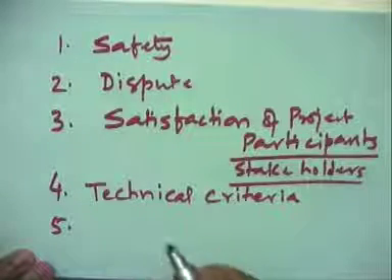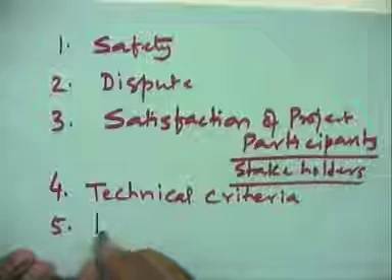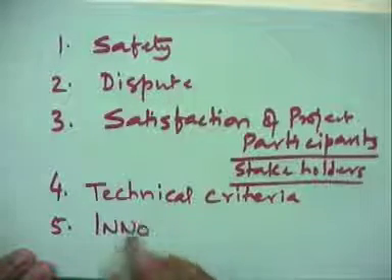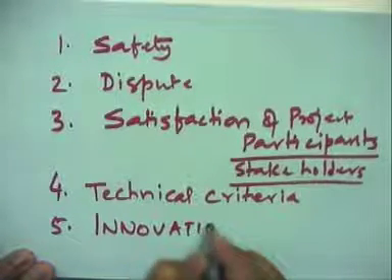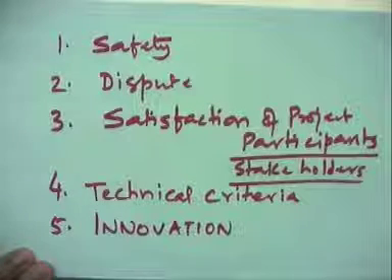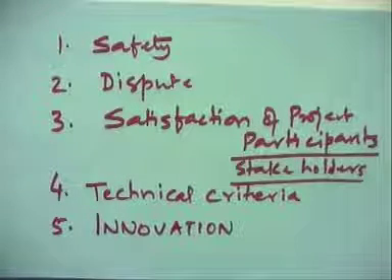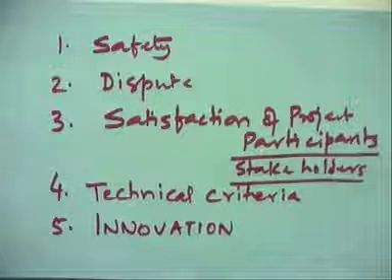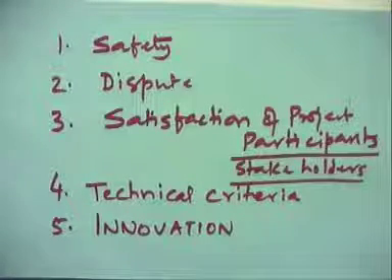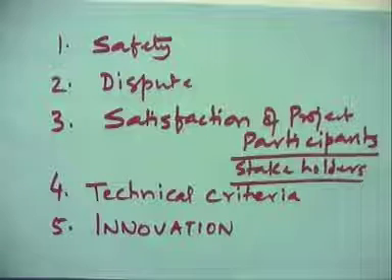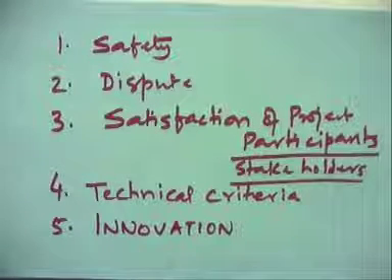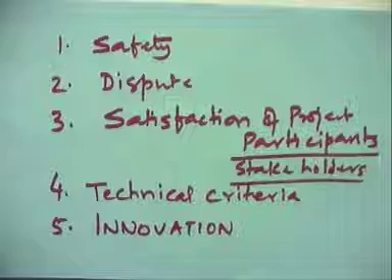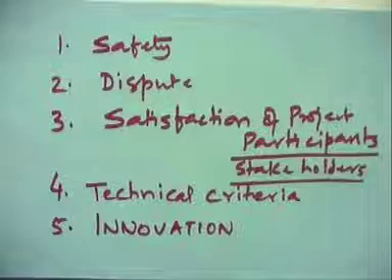Sometimes you also see whether the project has resulted in some sort of innovation, right? So these are some of the criteria which are used to measure the performance of a project. So they are also referred to as project performance criteria.